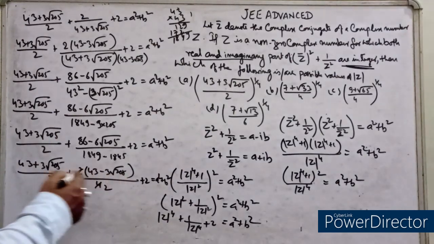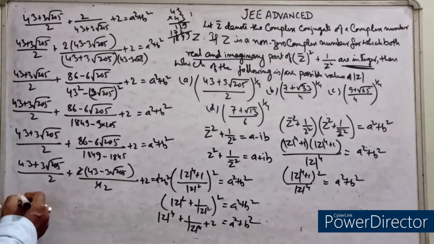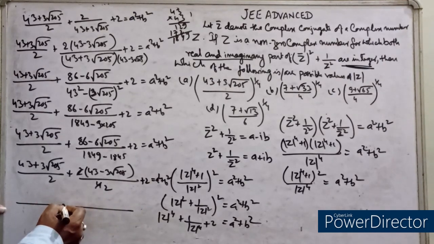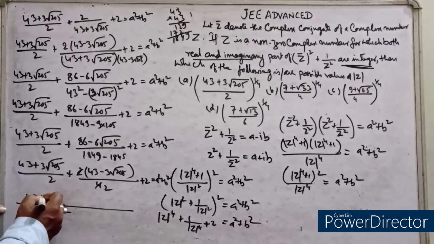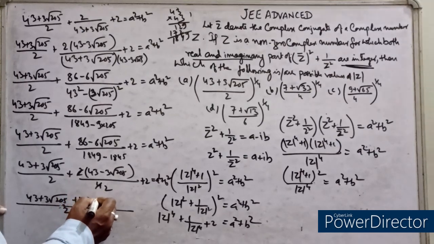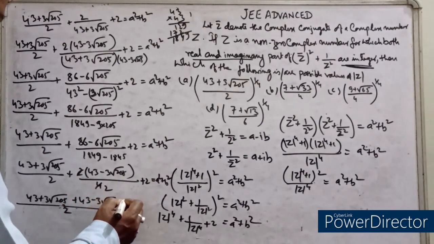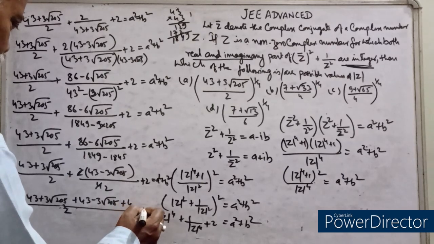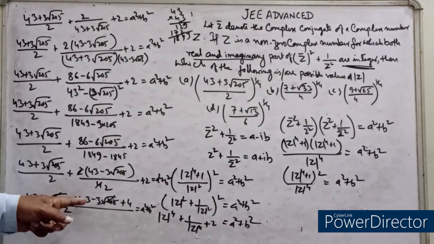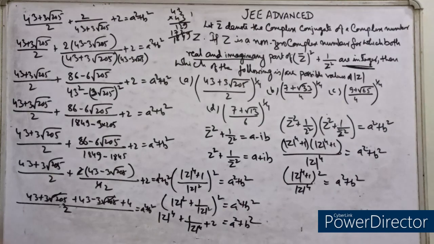Now if you take the LCM here, you will see that 43 plus 3√205 plus 43 minus 3√205 plus 4 is equal to A square plus B square. So this cancels out. So ultimately 43 plus 43, that is 86, 86 plus 4, 90, divided by 2, is 45.